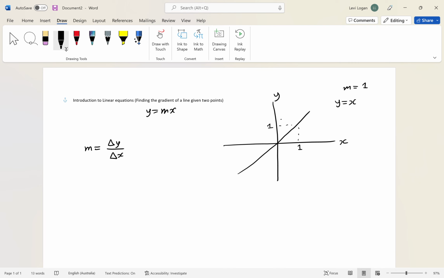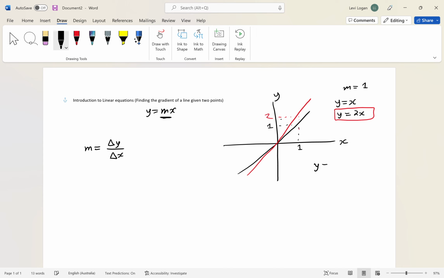We said before that our gradient is the change in y over the change in x. Depending on what our m value is will determine the steepness of our linear graph. So if we have the graph, let's say y equals 2x, I'll draw it on top of this. It will still go through the same point, and when x equals 1, our y value will be equal to 2.